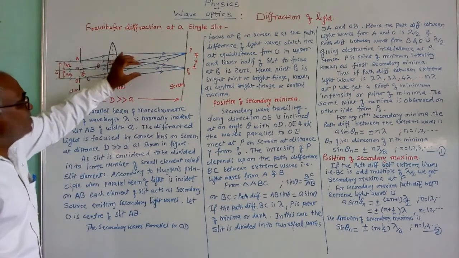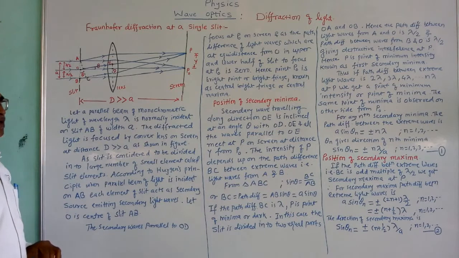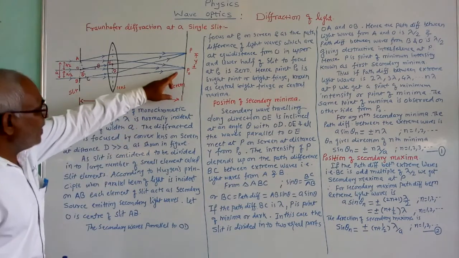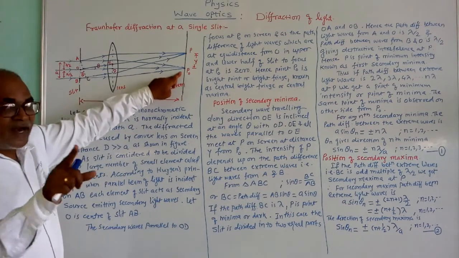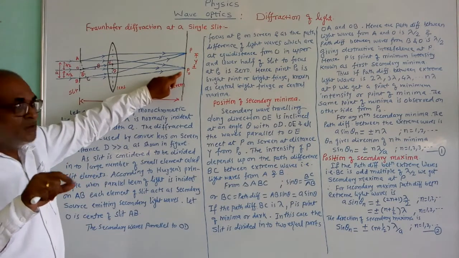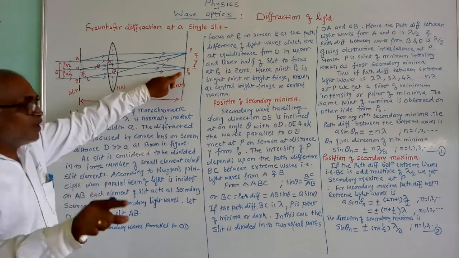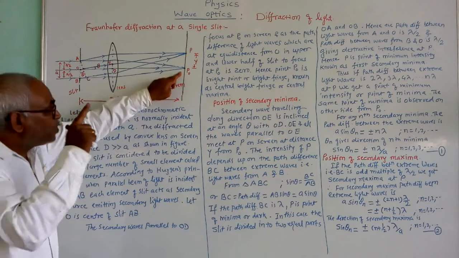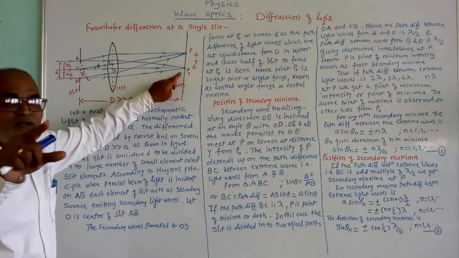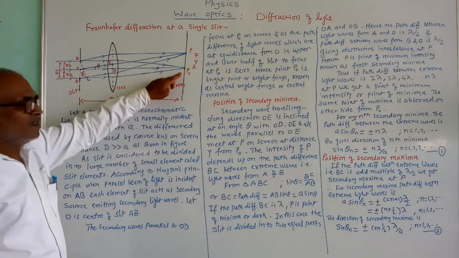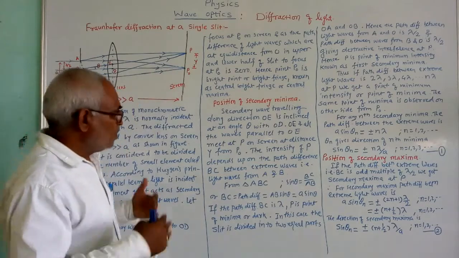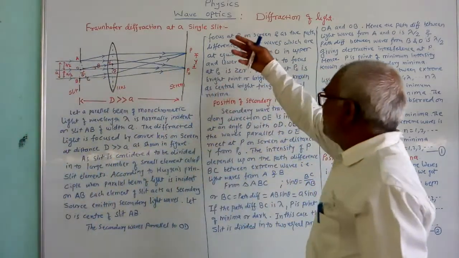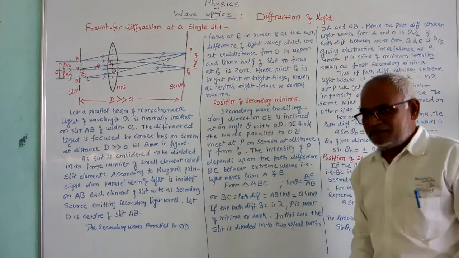This path difference is 0. Hence this point P0 is a bright point known as the central bright point, or it is also known as the central maxima. Now we have to see the position of the secondary minima here.